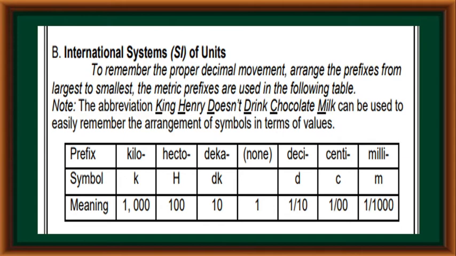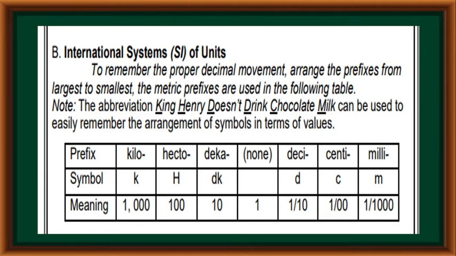The metric prefixes are used in the following table. Note the abbreviation King Henry doesn't drink chocolate milk can be used to easily remember the arrangement of symbols in terms of values. So we have our prefixes, kilo, hecto, deca, deci, centi, and milli. So we have also the following symbols.